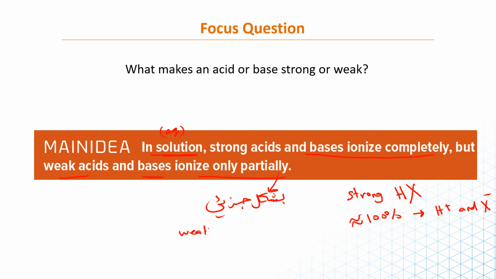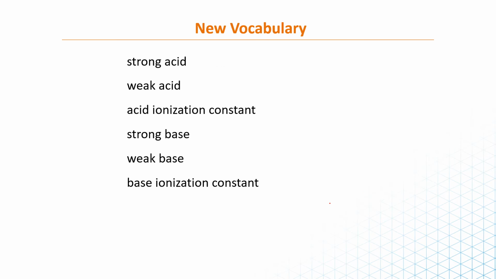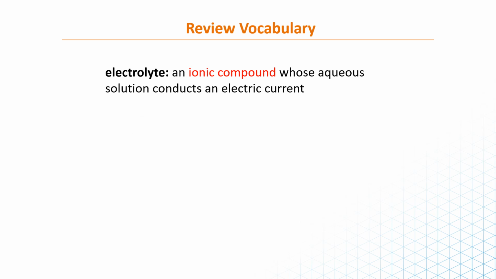But a weak acid HY, maybe only 20% of it will become H plus and Y minus. ال 80% الباقية بتتم نسمها هي HY. فهذا القصد بالstrong والweak here. That's what we mean by ionize, يعني making ions. So these are the new keywords which we will see during the PowerPoint.